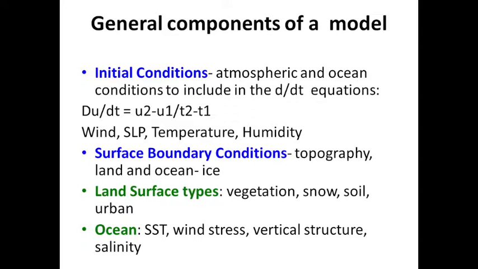Okay. So this is for many variables: wind, temperature, humidity. And the second thing that we need is the surface boundary condition. So we need to have the topography. That's basic. We need to have the conditions of the land and the conditions for the ocean and the ice.